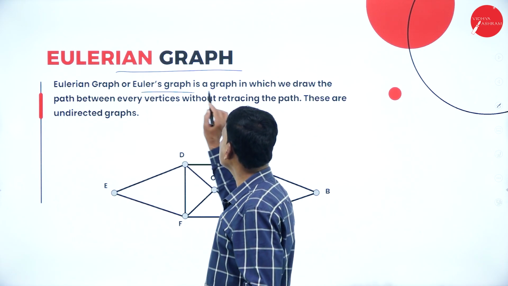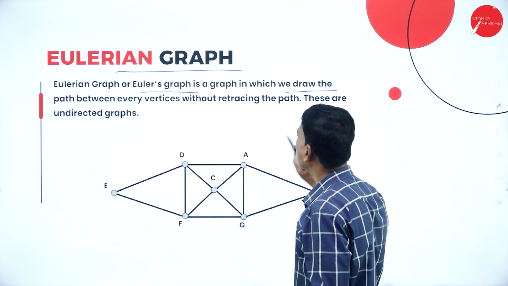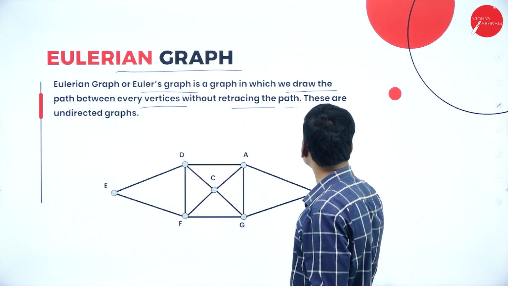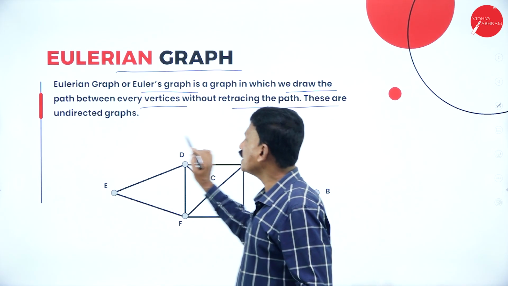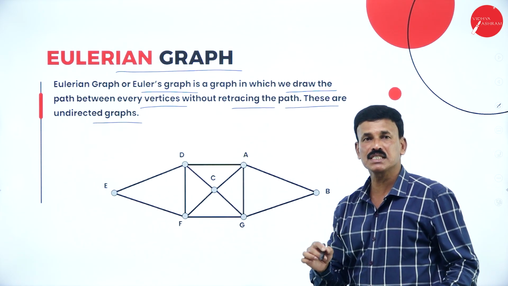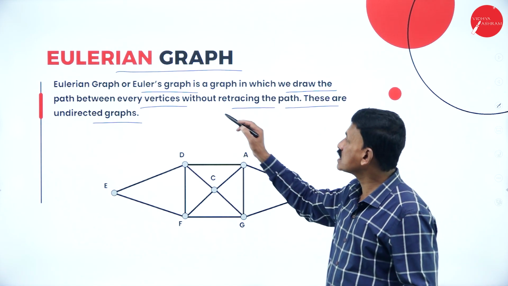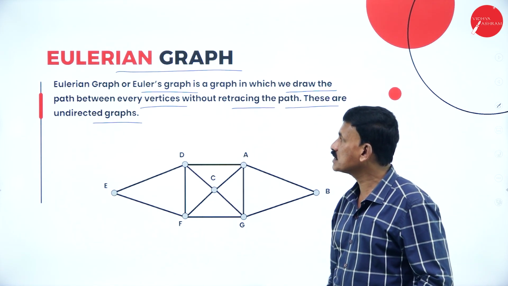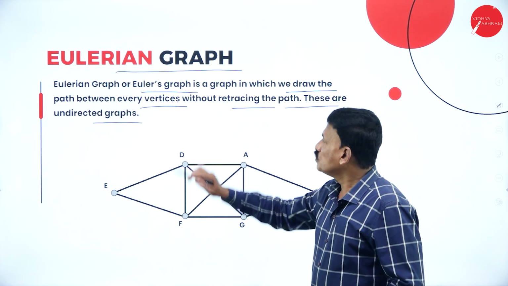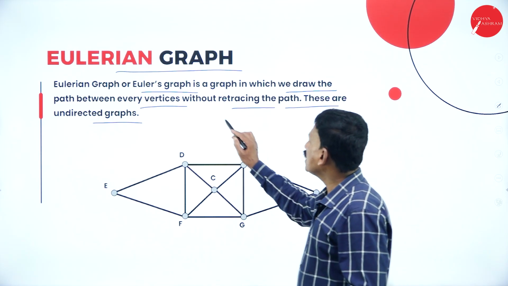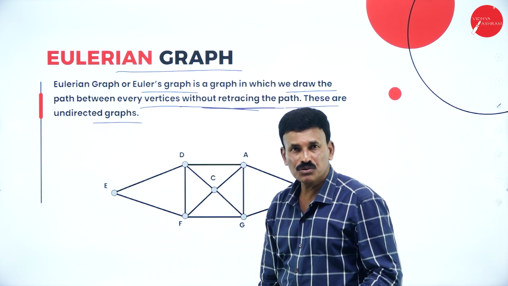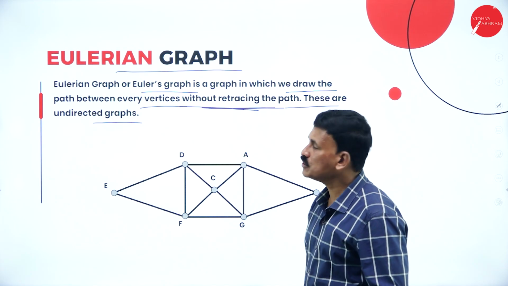An Eulerian graph, or Euler's graph, is an undirected graph which can be drawn, connecting every vertex, without retracing the path.